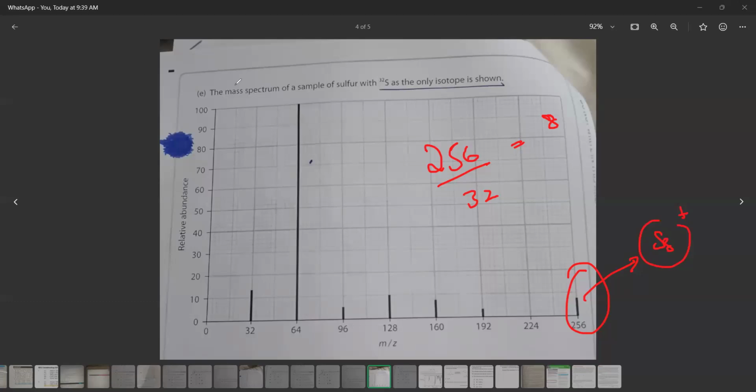And this is the base peak: most of the sulfur breaks down into this. Most of the sulfur is S2, because this is 64. Or it can be due to the removal of 2 electrons or 3 electrons. That's why the mass to charge ratio will change, because we assume they are singly charged.